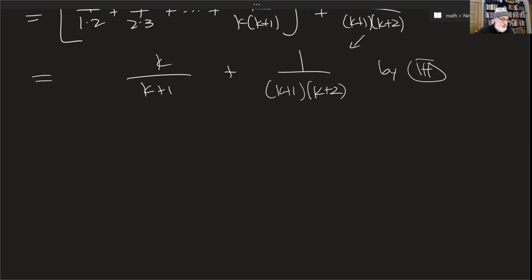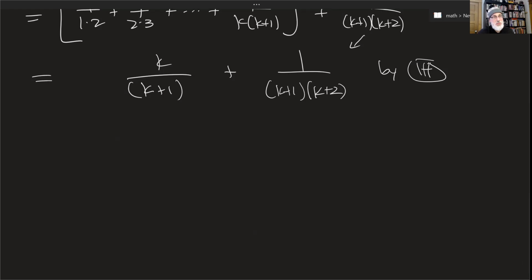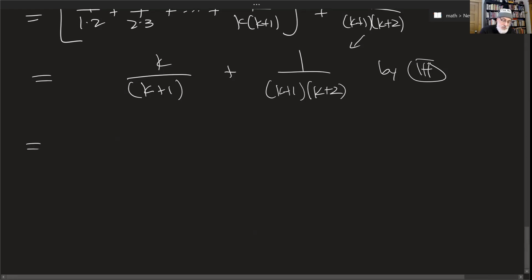All right, so I really want to add these two. The denominator of the left term is just k plus 1. The denominator of the right-hand term is k plus 1 times k plus 2. So I need to multiply the first term, top and bottom, by k plus 2 if I want to add these two, which I do.